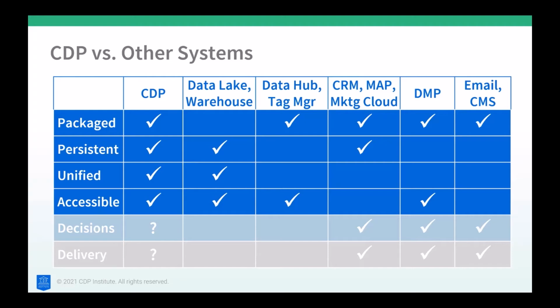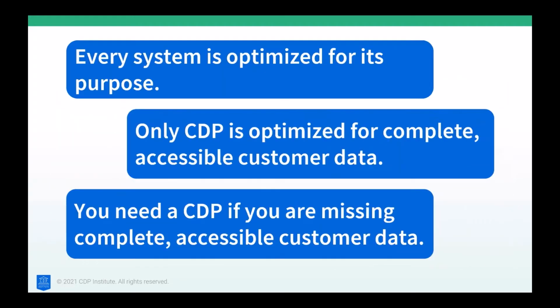Email, content management system, all those operational delivery systems, again, they're packaged software, but they're not really working with all of your data, whereas they are very good at doing decisioning and doing delivery. So the whole point of this is that every system is optimized for its purpose. Warehouses and lakes and tag managers and DMPs and CRMs, they're all optimized for what they do, which means you use a different design, which means they're not really good at other things. So the CDP is optimized for that complete accessible customer data.